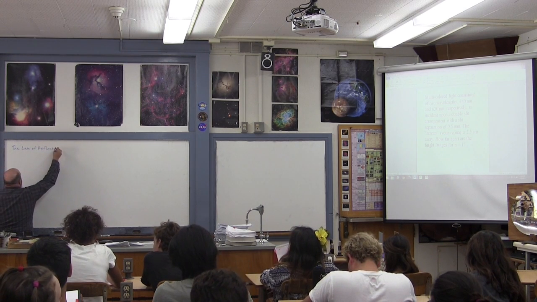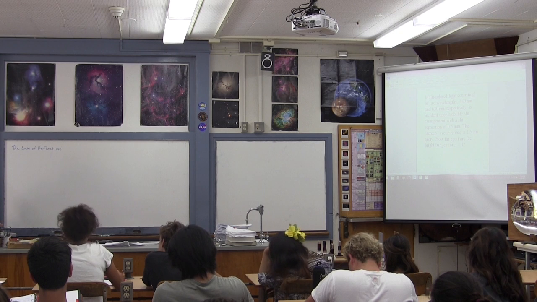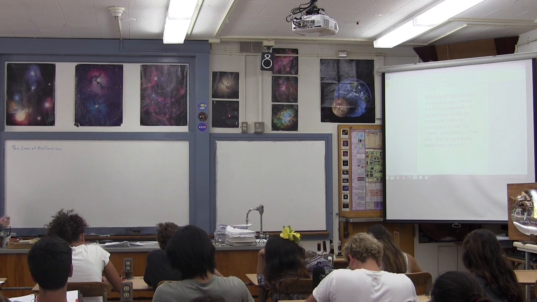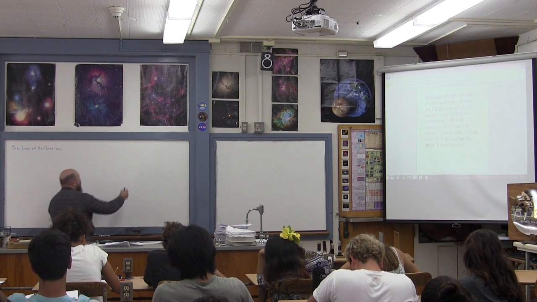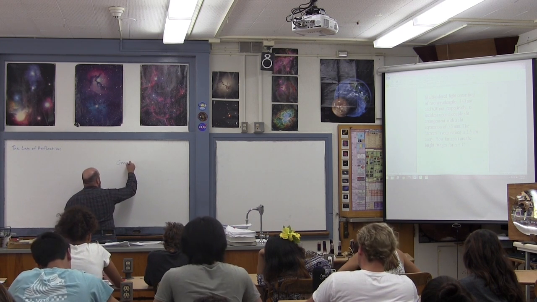The law of reflection is going to be our starting point for understanding mirrors, for example. And when we use the law of reflection, we now start to enter what is referred to as geometrical optics.